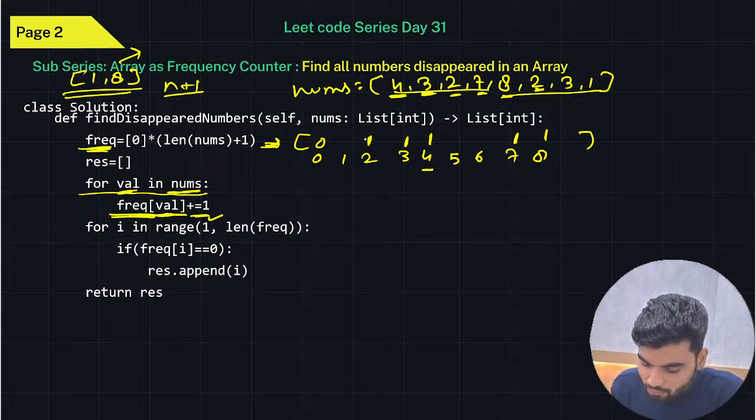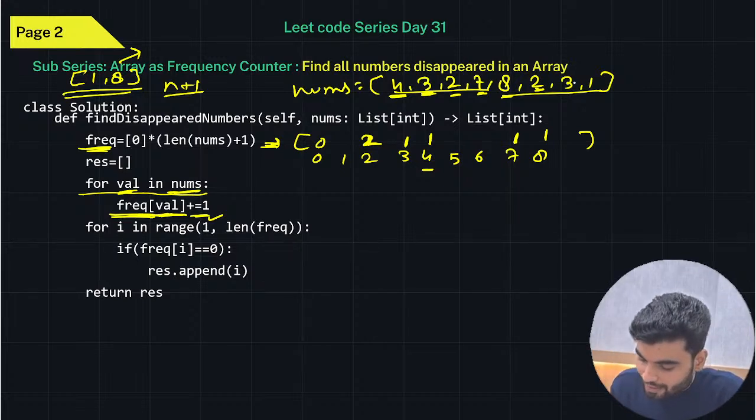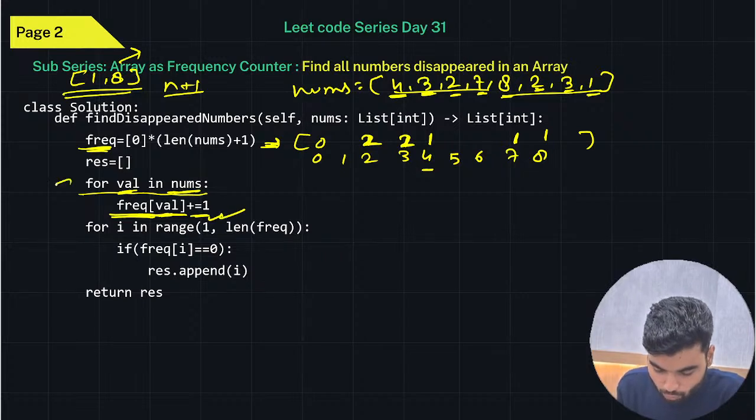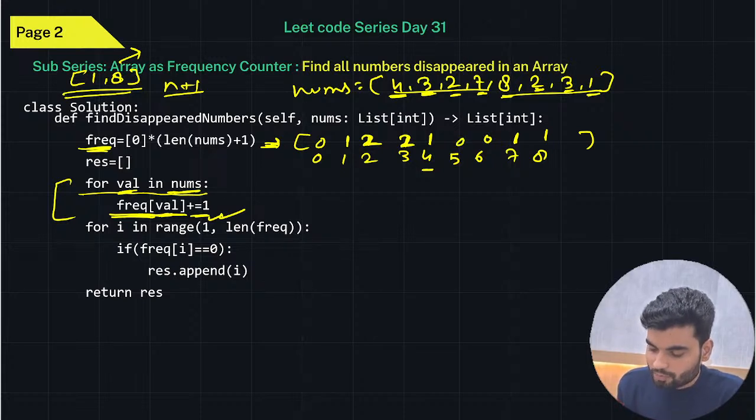Now this becomes 2, because previously the value was 1 and you have increased it by 1 again. Again the next value is 3, on the 3rd index, 1 plus 1, that becomes 2. Again 1 from this loop. So now you received 1 and you will do plus 1. The missing ones are automatically 0, because you have initialized with 0 only.